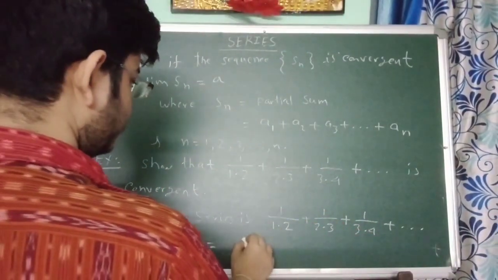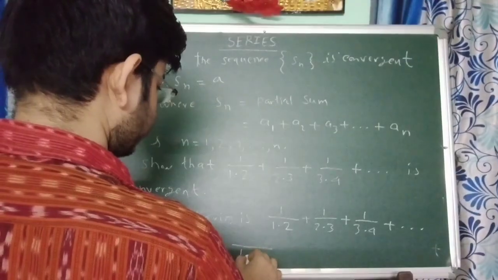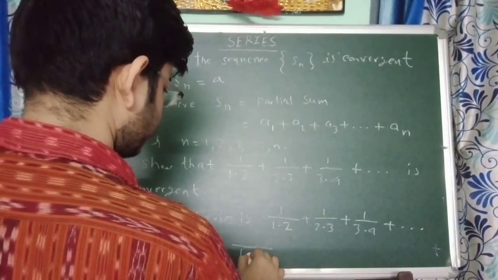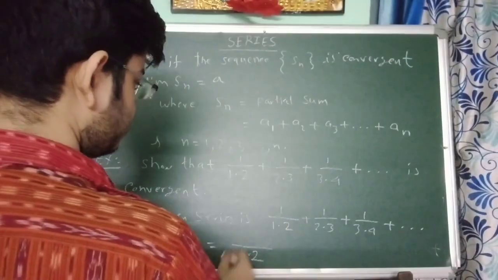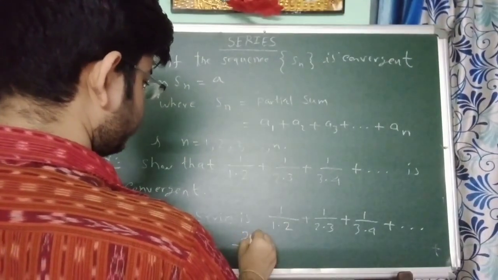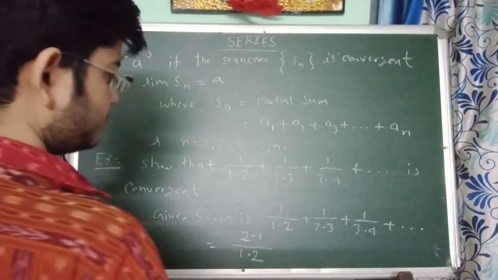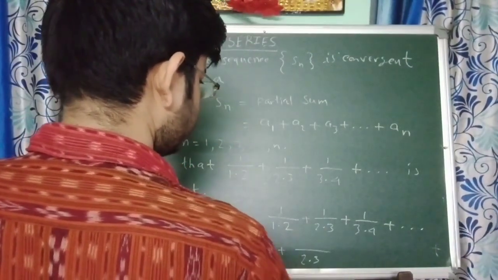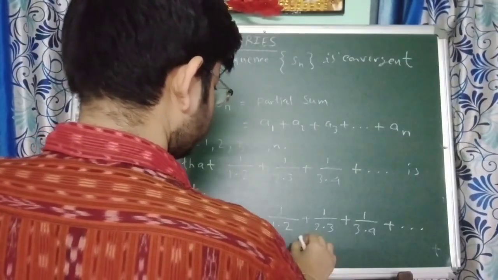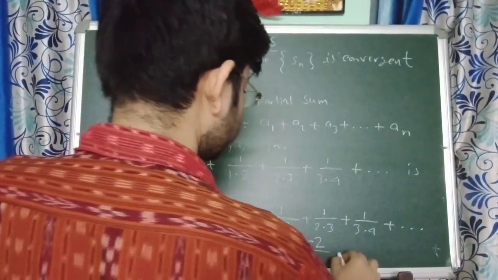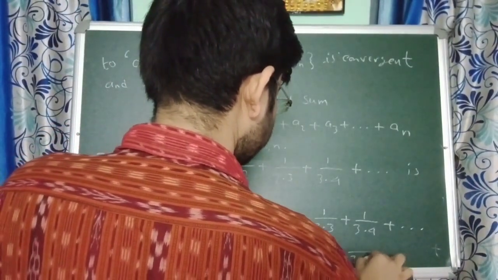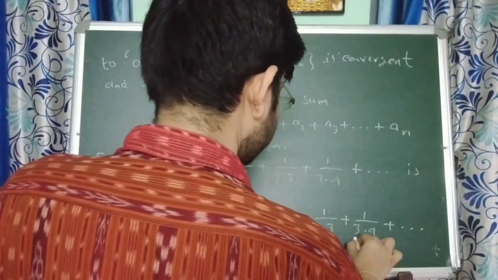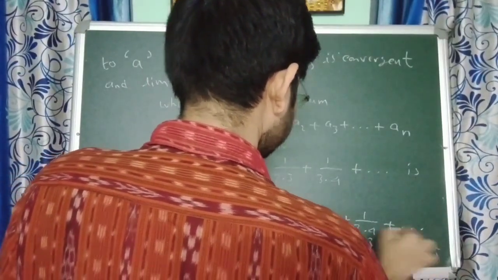Now we write 1 by 1 into 2 as 2 minus 1 divided by 1 into 2. Here 1 can also be written as 3 minus 2, and here 1 can be written as 4 minus 3.